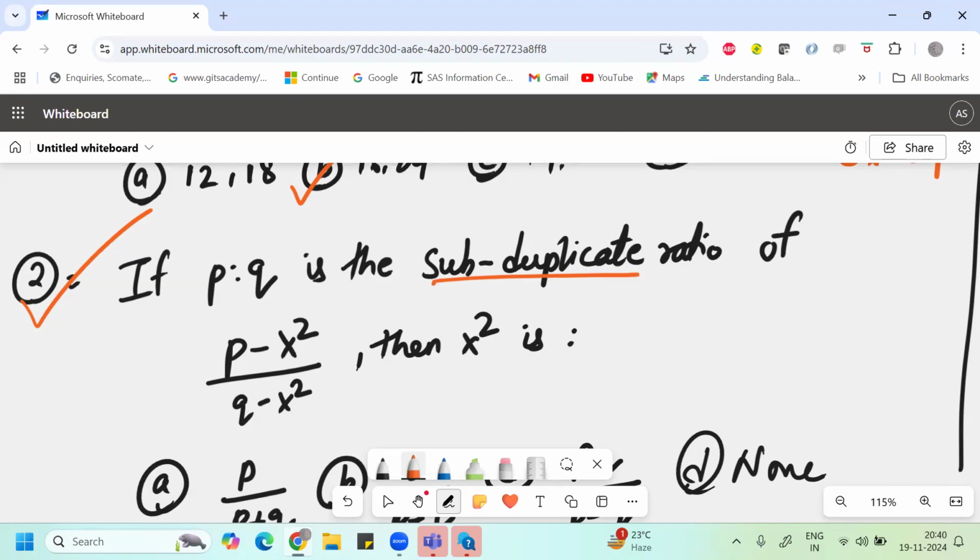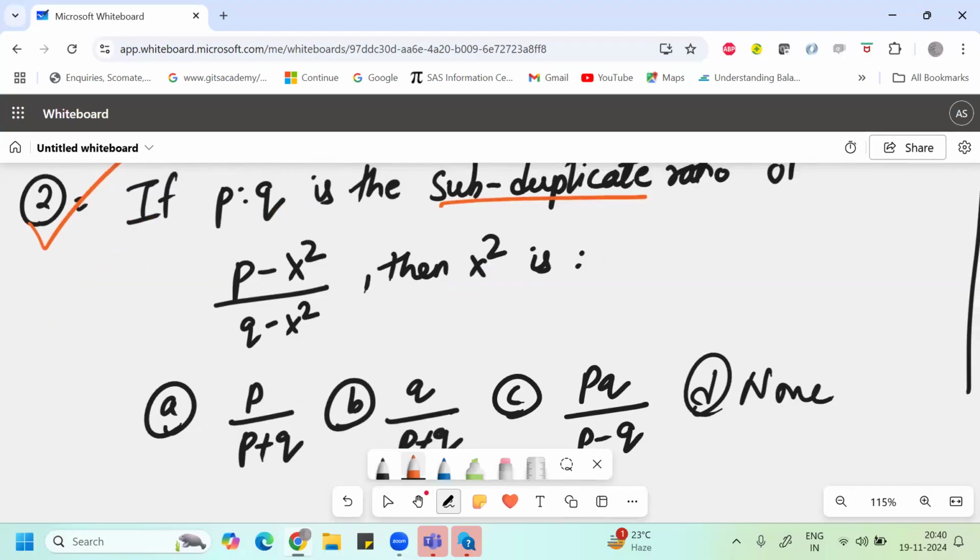If P is to Q is the subduplicate ratio of this, then what is the x square? You know how to do this question, or should I do this question number two? Like this question will definitely come in exam.